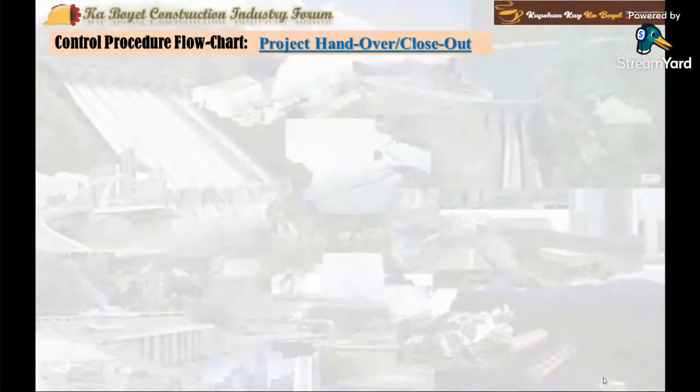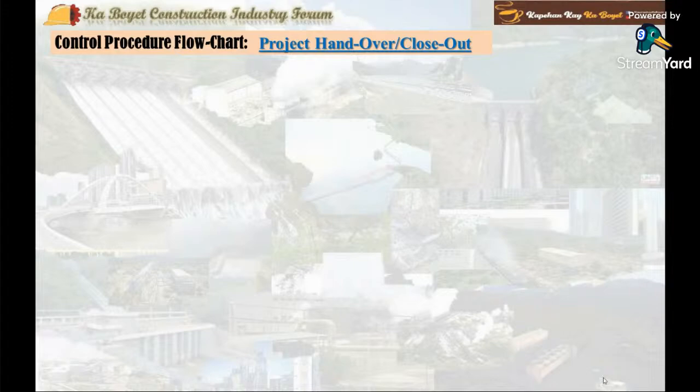When the contractor receives the approval of project final testing and commissioning reports, the contractor can now proceed handing over the project to the owner through the project architect or engineer following the control procedure process defined hereunder.